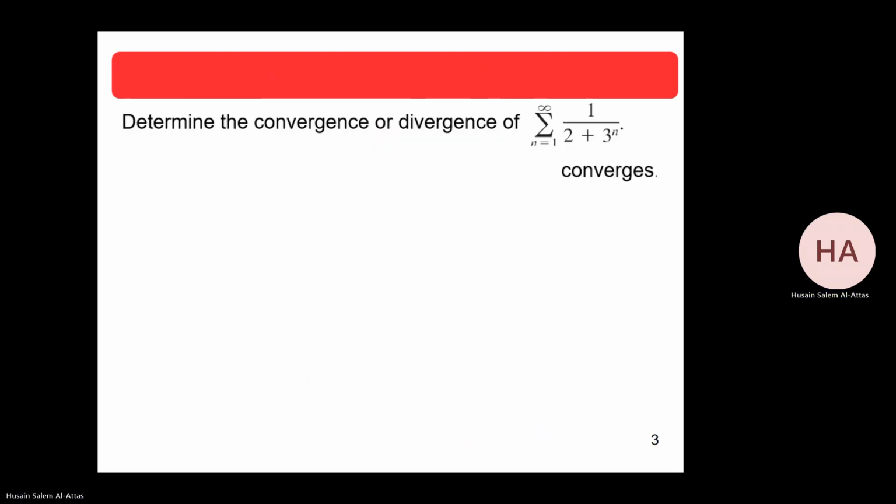Okay. Determine the convergence or divergence of this series. So what is the series which should come to my mind? For sure, it will be the summation of 1 over 3 to the power n. This is what will come to my mind, and I know this is geometric, with r equal to 1 over 3.